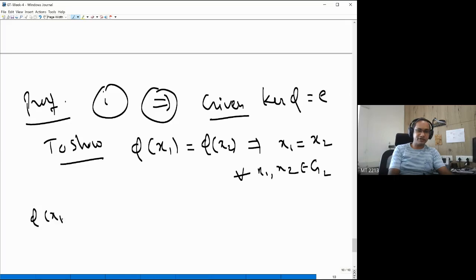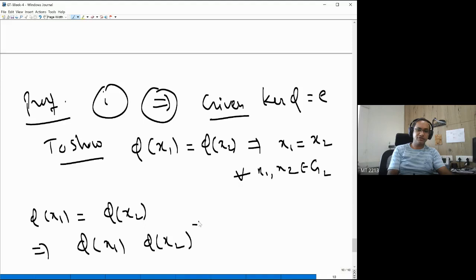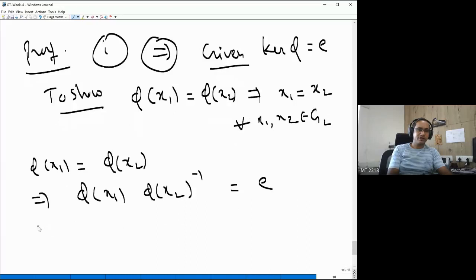If I have phi of x1 equal to phi of x2, I can multiply by the inverse of phi of x2, right? So phi of x1 times phi of x2 inverse is identity. And we know that when I take the inverse of an element, then I can take the inverse inside.